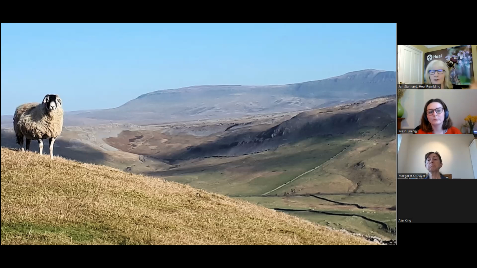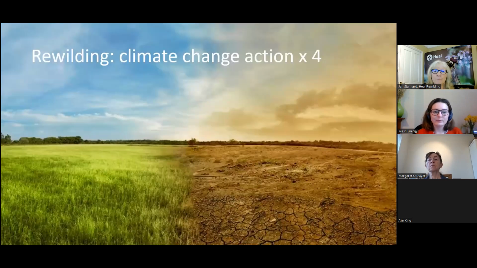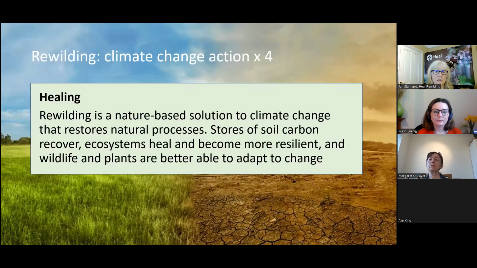So that's the explanation of what rewilding is. I could talk for hours about this, but that's the essence of it. So next, let's look at how rewilding helps climate change, because you can see that it helps biodiversity. There are 4 ways, and a lot of people know only one of these. The first one is that it heals the land, so it makes everything healthier and more resilient.